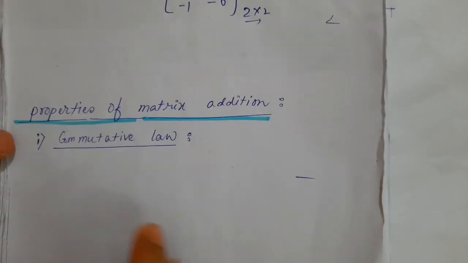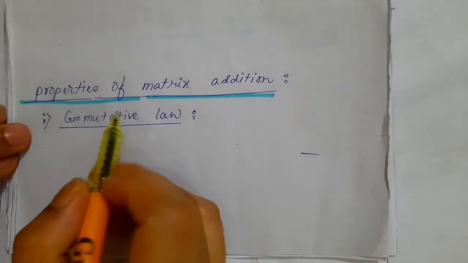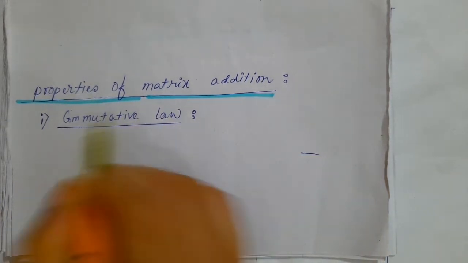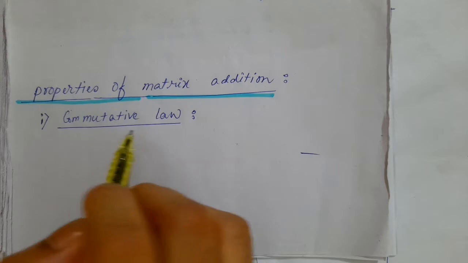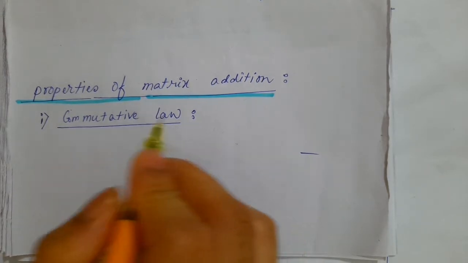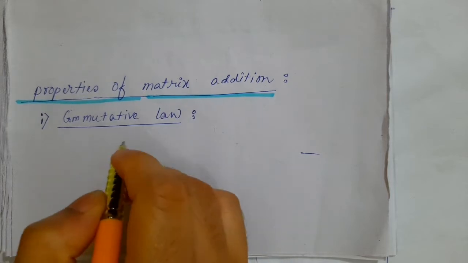Now we'll discuss properties of matrix addition. Matrix addition follows some rules. The first one is the commutative law.